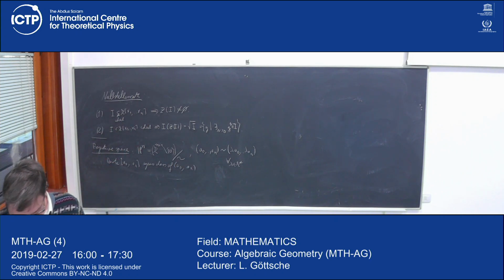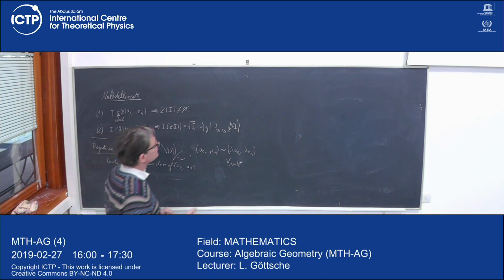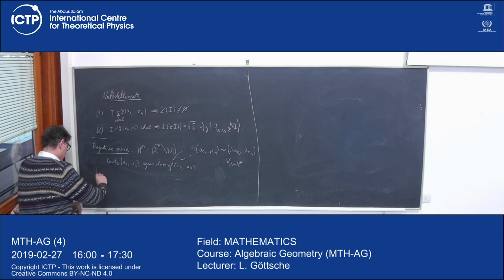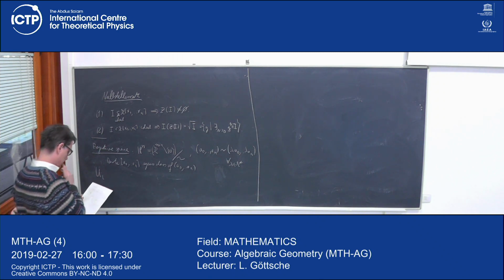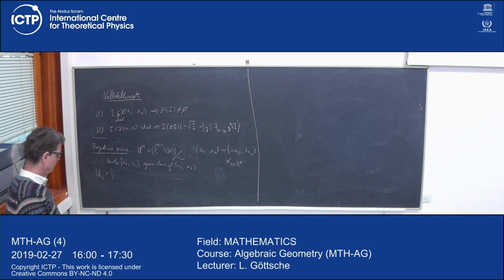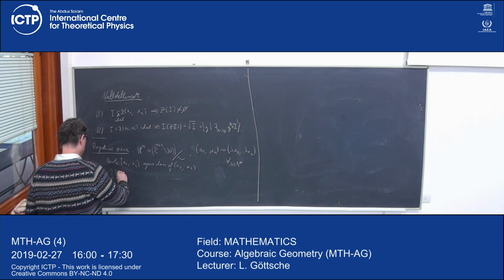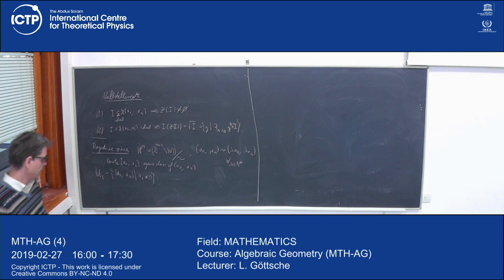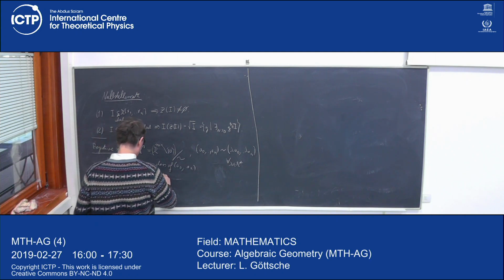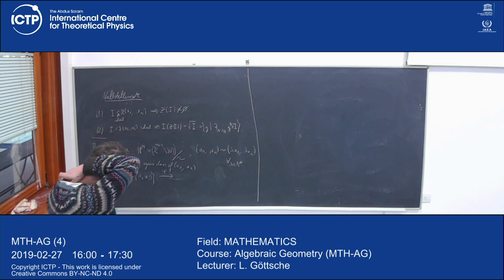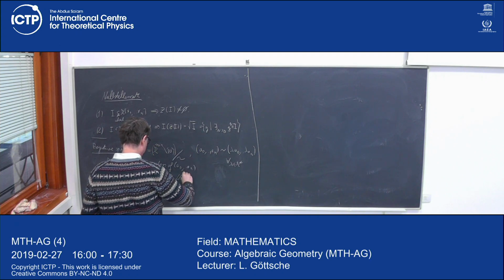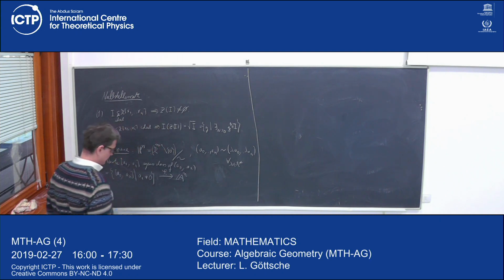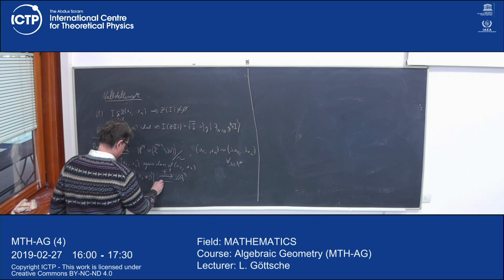We had seen that we can cover this by subsets which look like affine n-space, namely if you put Ui equal to the set of all points (a0:...:an) in projective space such that the i-th coordinate is non-zero, then via some phi_i, this is bijective to A^n. And the inverse map I call u_i.